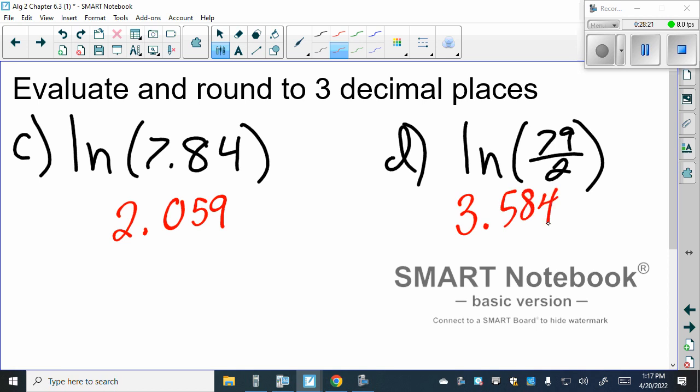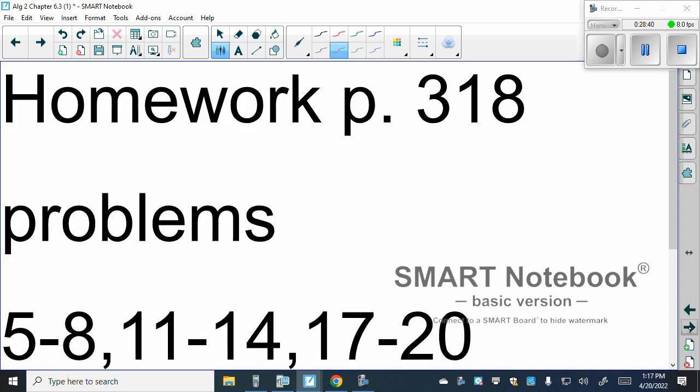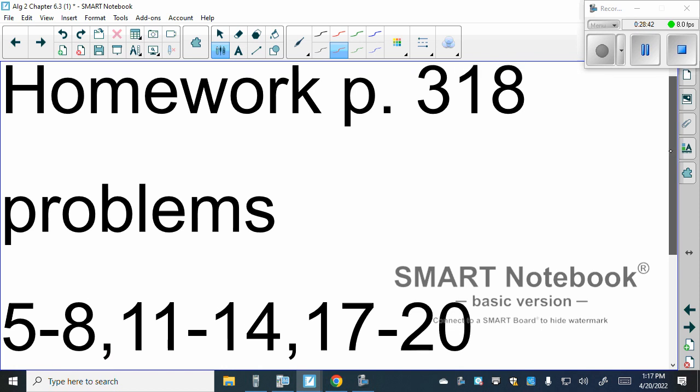For these here, we're just typing it straight into the calculator and letting it calculate it for us. Because unlike the ones we did previously, these here aren't going to have nice values, especially natural logs, because the base is an irrational number. Any questions on any of this here? And that's it.